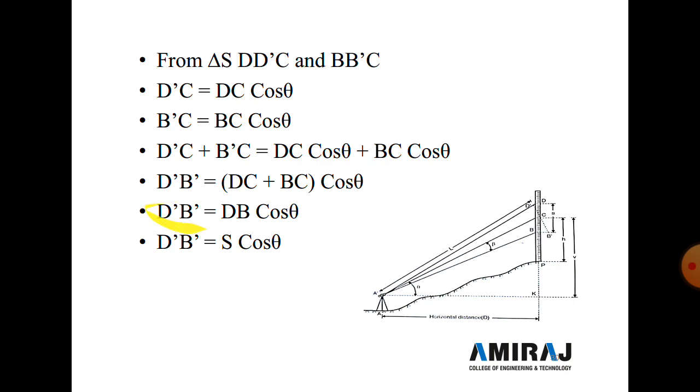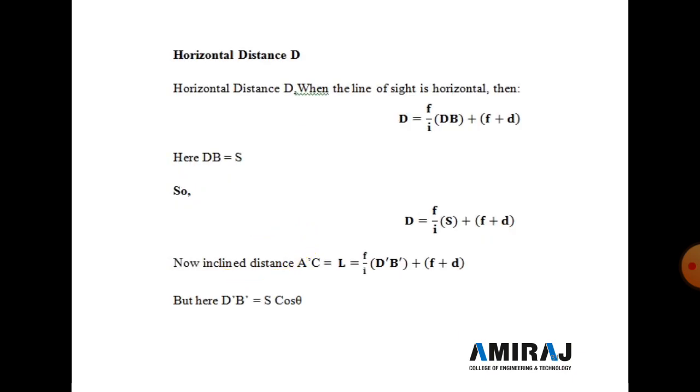Now D'B' is equal to DB cos theta, because DC plus BC is DB. Now DB value is the staff intercept S, so it is S cos theta.